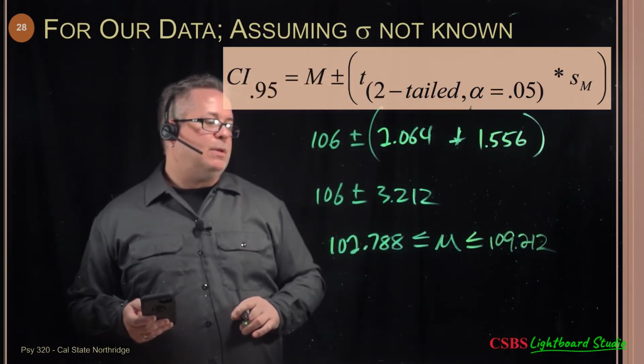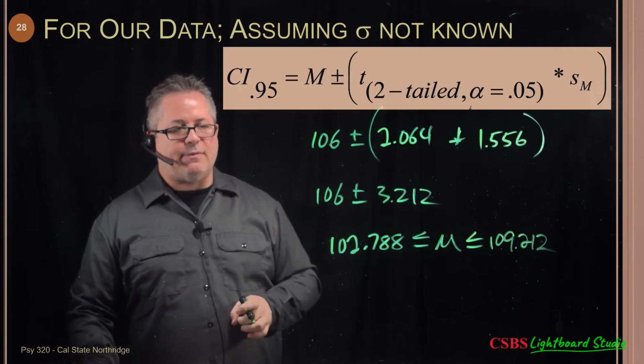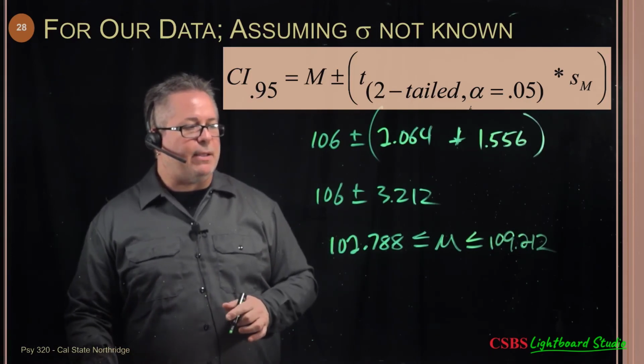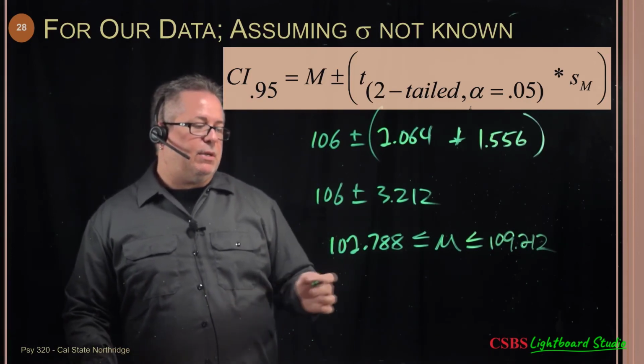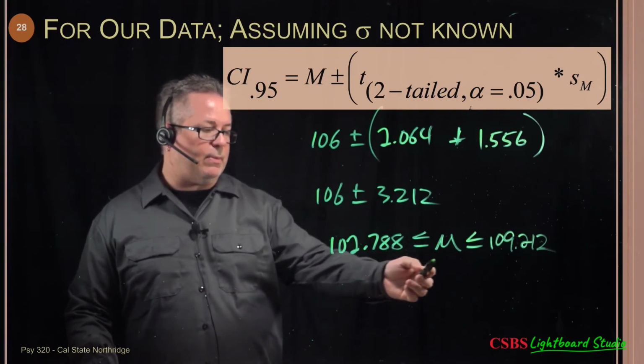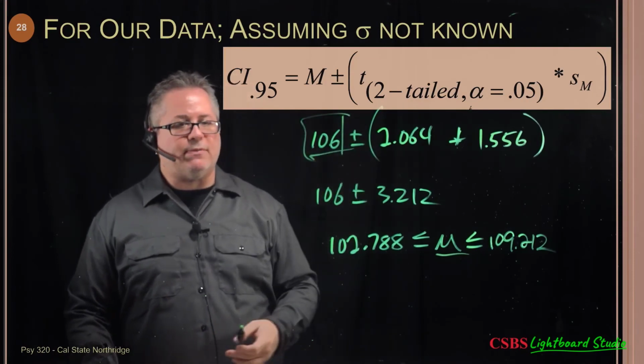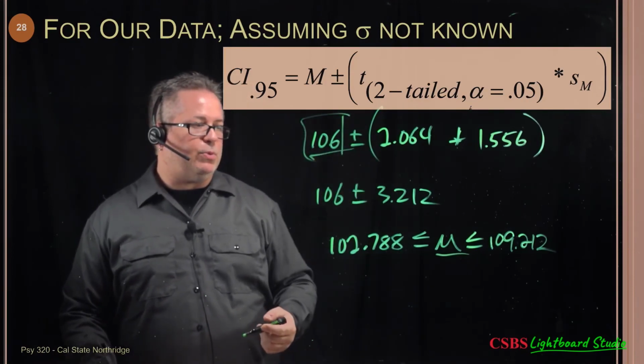Okay, so what it's saying is that, based on the fact that we had to estimate our s sub m using t, we're 95% likely that the values for the population from which this sample came fall between 102.788 and 109.212.